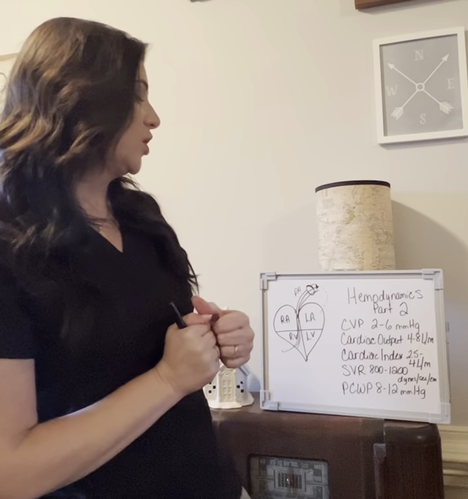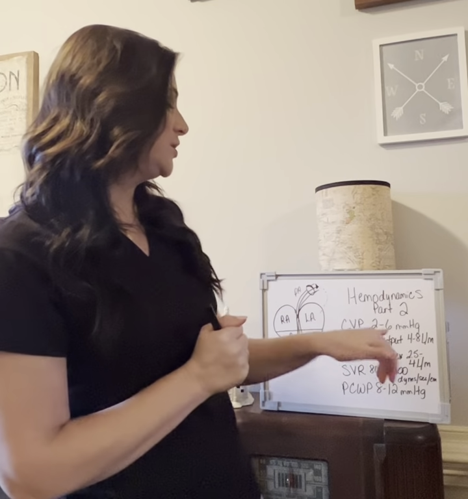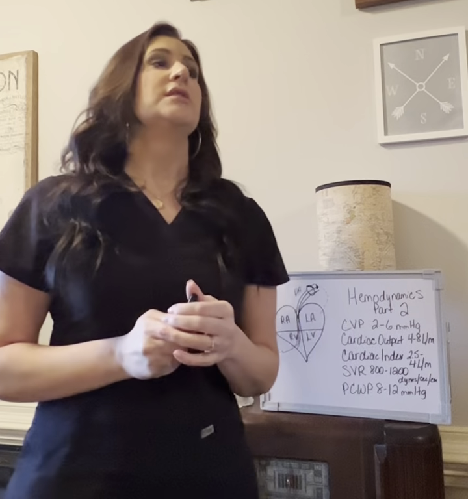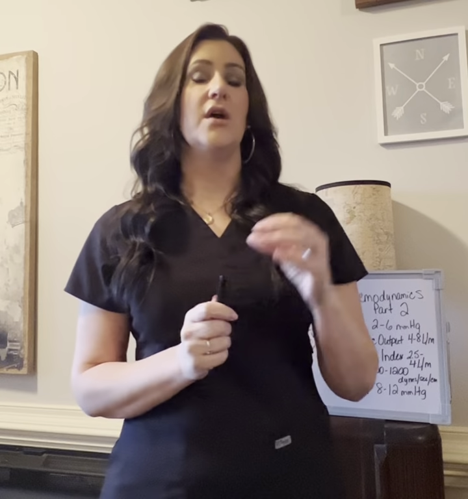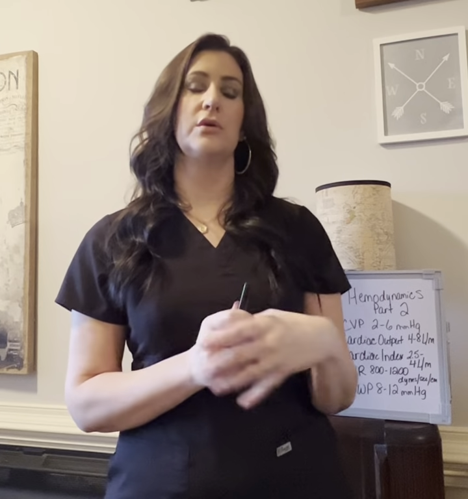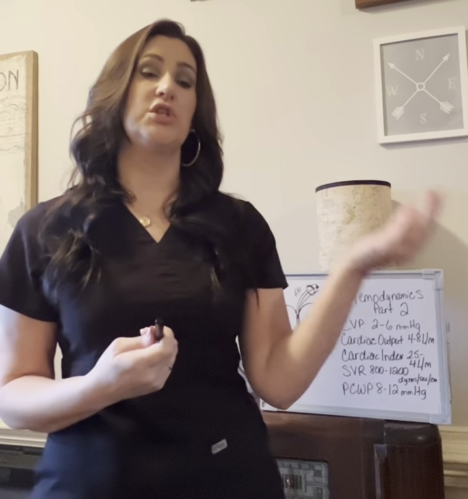Next, we have cardiac output, and the value here is 4 to 8 liters per minute. So cardiac output is the volume in liters being ejected from the left ventricle every minute. So what determines cardiac output? It is stroke volume and heart rate.